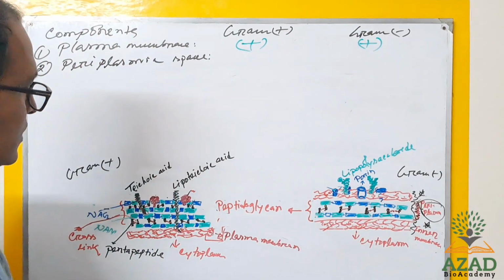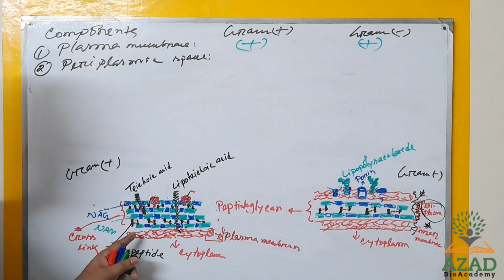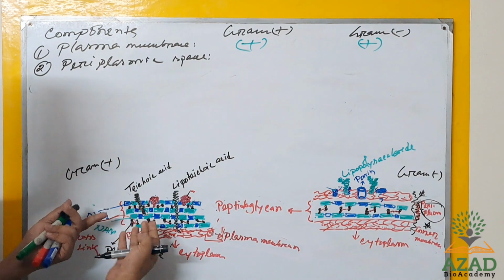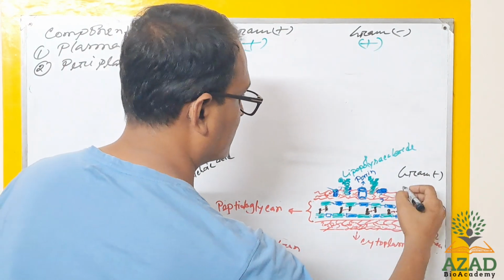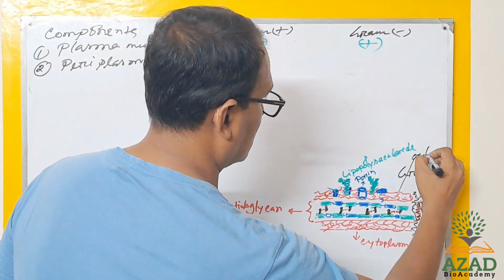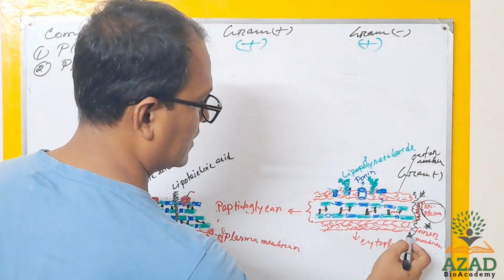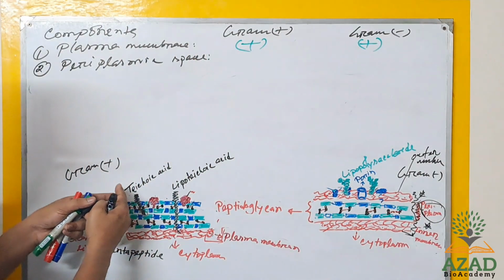Now come to the gram-positive. Is there any outer membrane here? No. Here is the inner membrane, but no outer membrane.